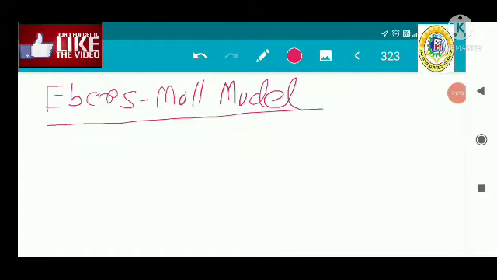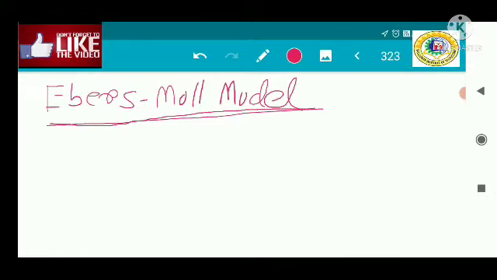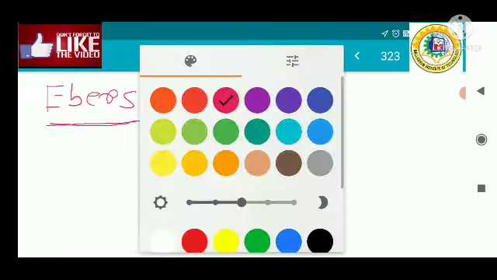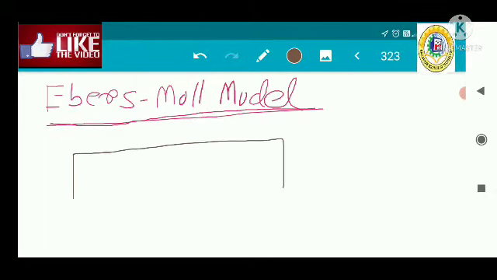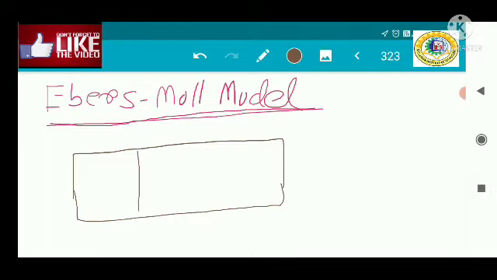So whenever we try to model with this Ebers-Moll model, it is simple. This is your transistor, an NPN transistor. I am considering an NPN transistor.